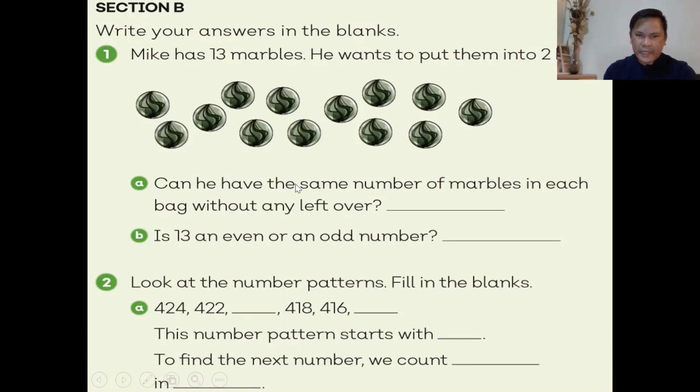Question: can he have the same number of marbles in each box without any left over? Yes or no? Answer, no. Because with 13, we cannot put the same number in each box. So the answer is no. Letter B.